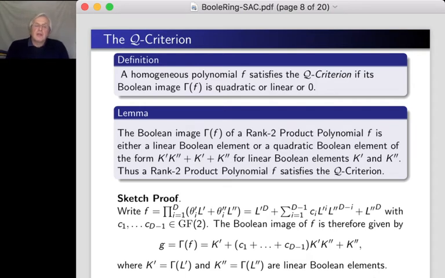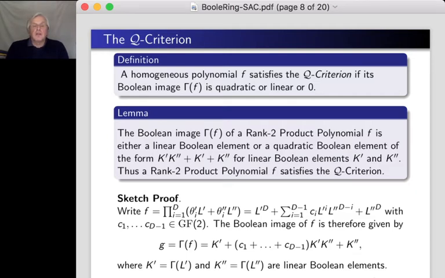We take the Boolean image of this function, gamma of f. Well, that's going to include gamma of L' to the power d, but the image of L' to the power d is the same as the image of L' in the Boolean ring. So essentially, whenever we have a power of L' or L'' and we take the Boolean image, we just get a linear term.